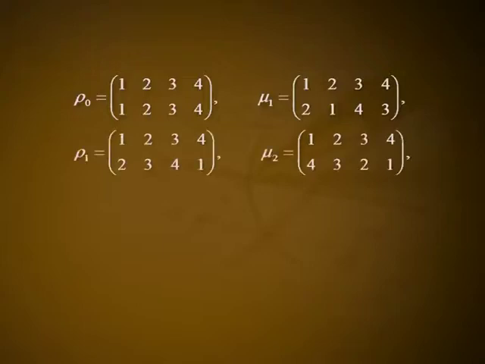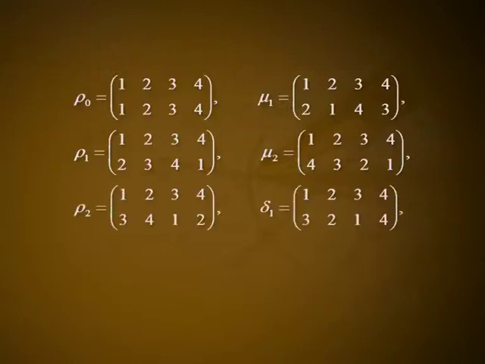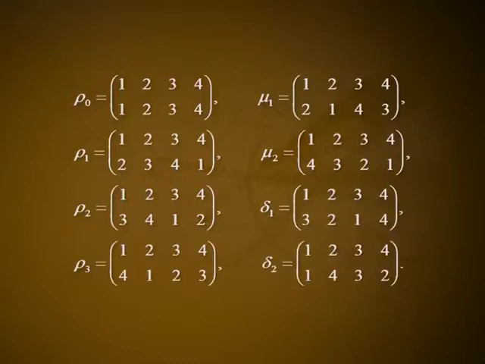Rho 1 is equal to 1 to 2, 2 to 3, 3 to 4, 4 to 1. Mu 2 is equal to 1 to 4, 2 to 3, 3 to 2, 4 to 1. Rho 2 is equal to 1 to 3, 2 to 4, 3 to 1, 4 to 2. Delta 1 is equal to 1 to 3, 2 to 2, 3 to 1, 4 to 4. Rho 3 is equal to the permutation 1 to 4, 2 to 1, 3 to 2, 4 to 3.